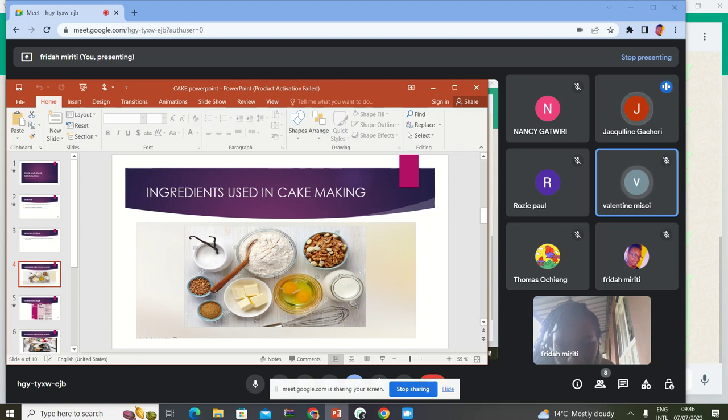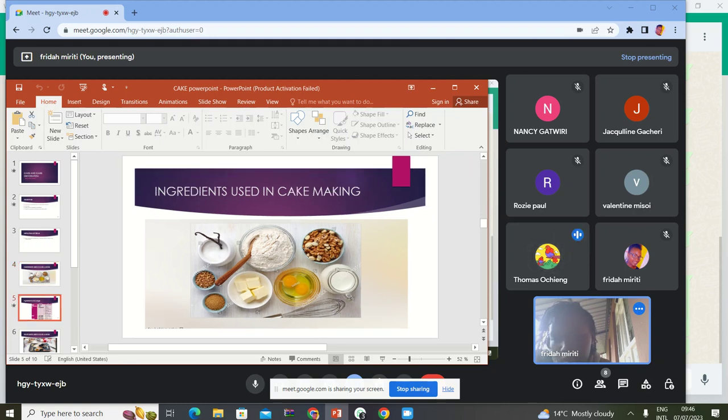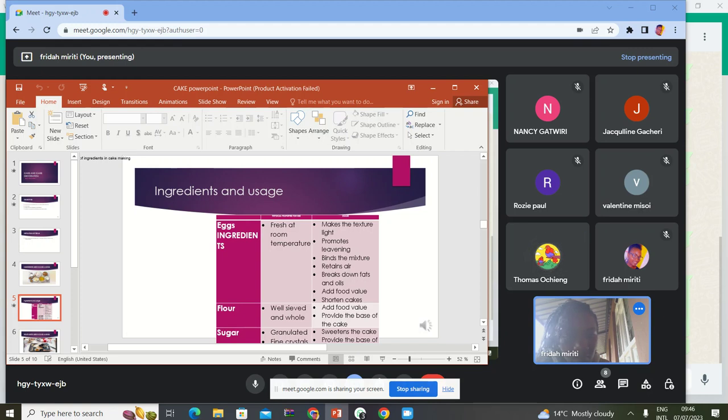Sugar. Yes, we have flour, eggs, sugar, margarine, milk, and our baking powder. And now we will check on the ingredients and their usages.